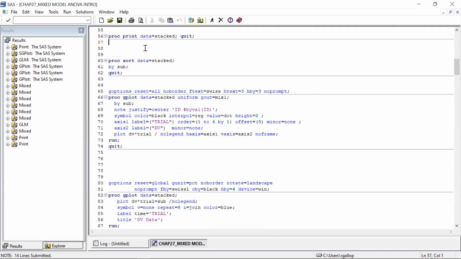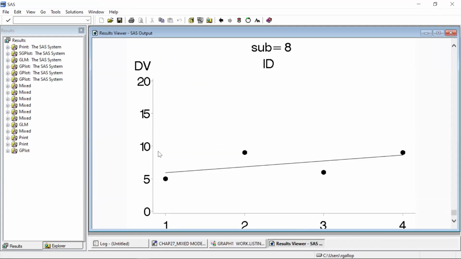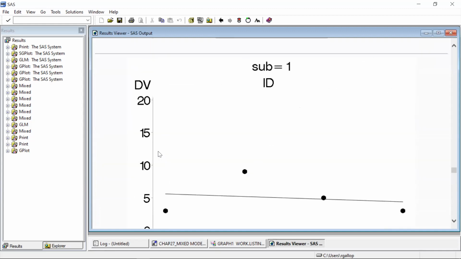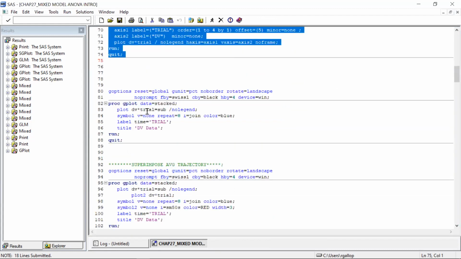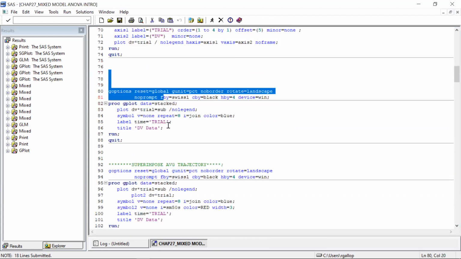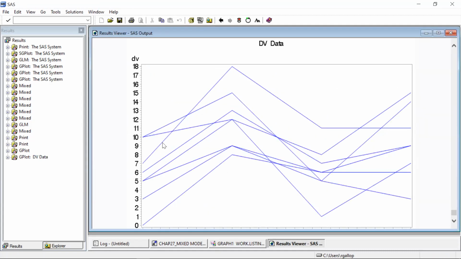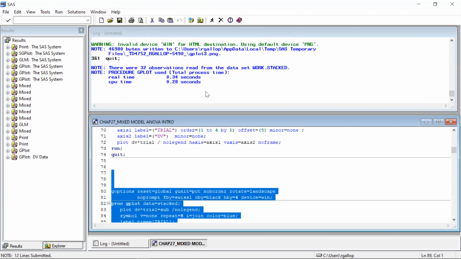So let's just eyeball what's going on with the data. This is showing us each of the 8 subjects over time, regardless of the group. That's sometimes just called simple plots. Here, if I put them on top of each other, we see the dependent variable for the 8 subjects.